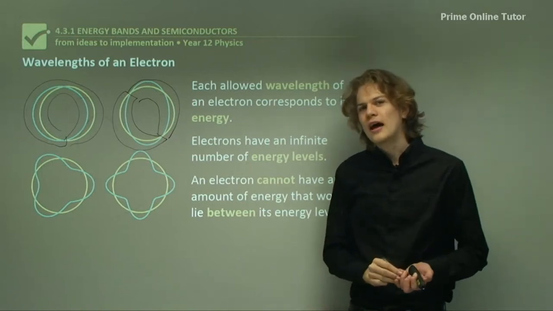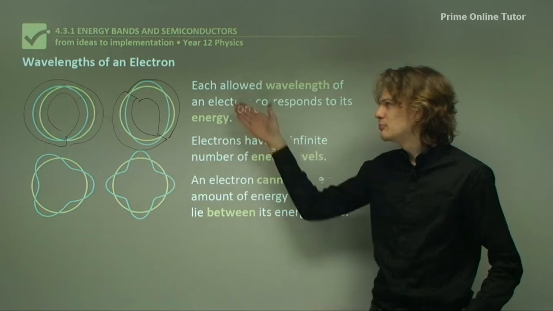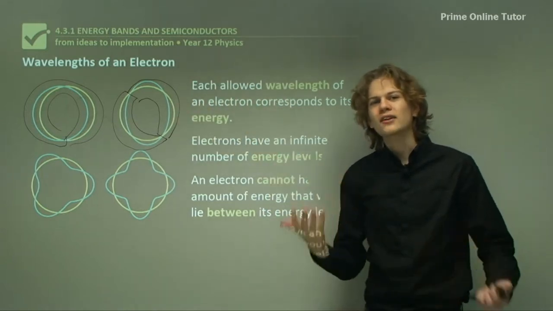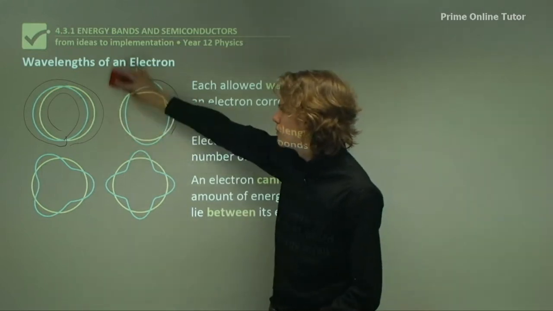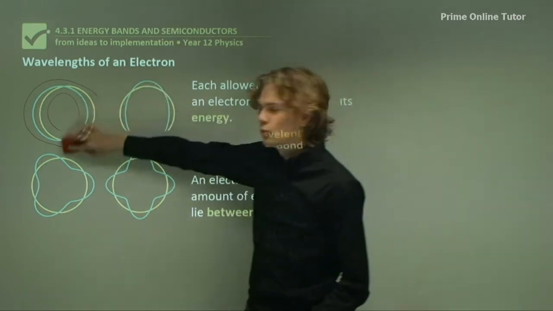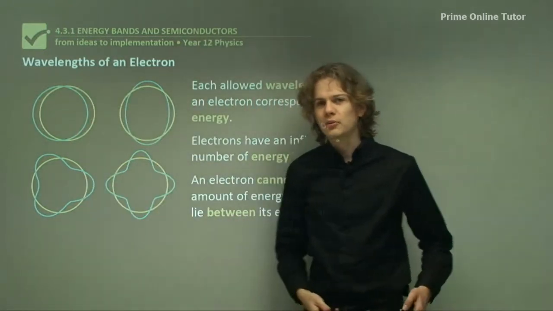And it's impossible to have a number of wavelengths that's in between 1 and 2, because it simply wouldn't match up. It wouldn't create a standing wave. And so de Broglie proposed that this was the reason that it was impossible to have an energy level in between 2 established electron energy levels.